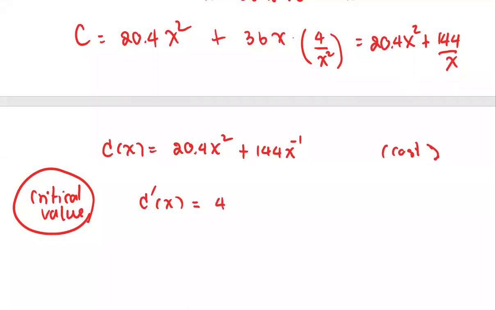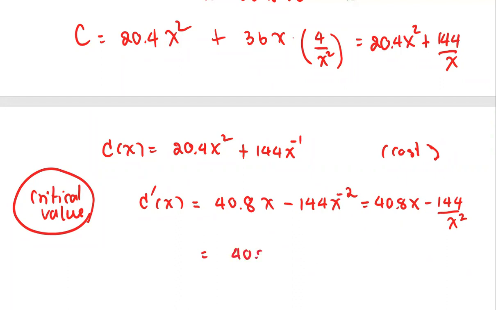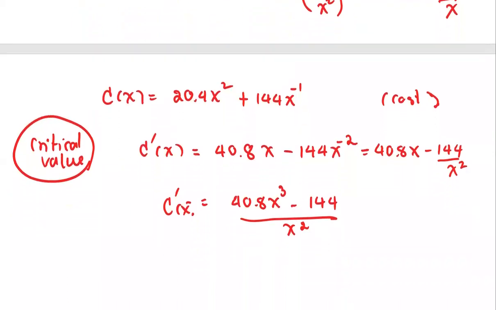It's going to be 40.8 times x minus 144 x to the negative second, which is 40.8 times x minus 144 divided by x squared. Rewrite it as one fraction: 40.8 times x to the third minus 144, all divided by x squared. So this is the derivative of the cost function.